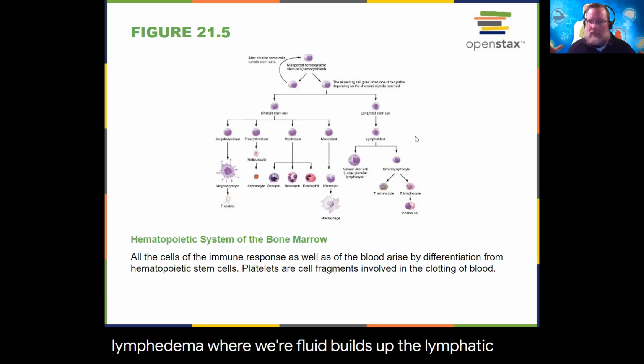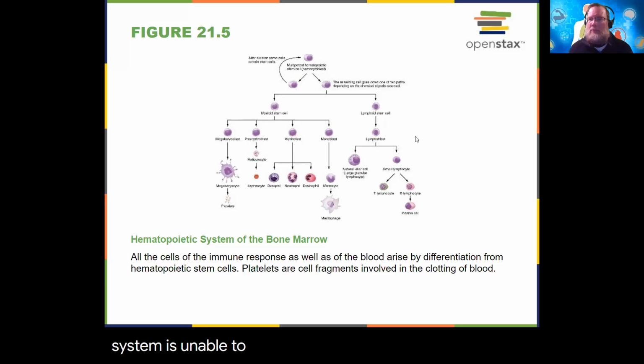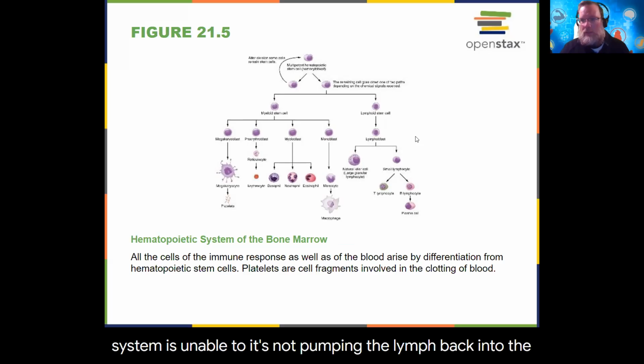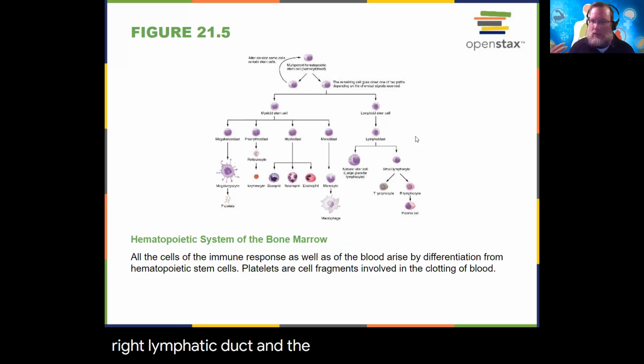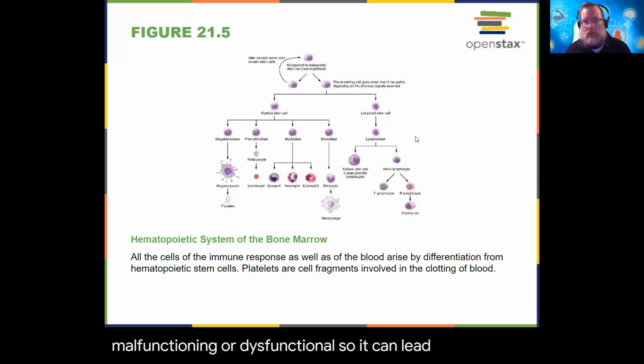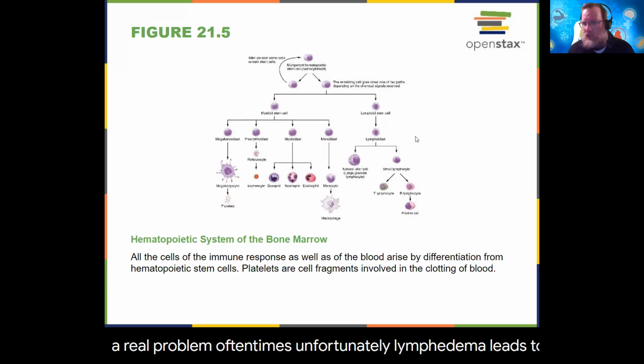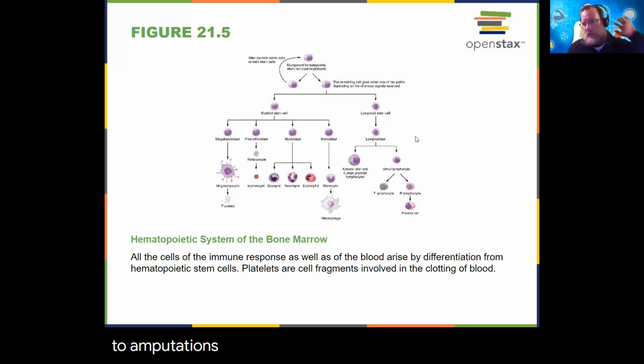The lymphatic system is unable to pump the lymph back into the right lymphatic duct, and the thoracic duct, and both are malfunctioning or dysfunctional. So it can certainly lead to a real problem. Oftentimes, unfortunately, the lymphedema leads to amputations. It's a horrible way of living.